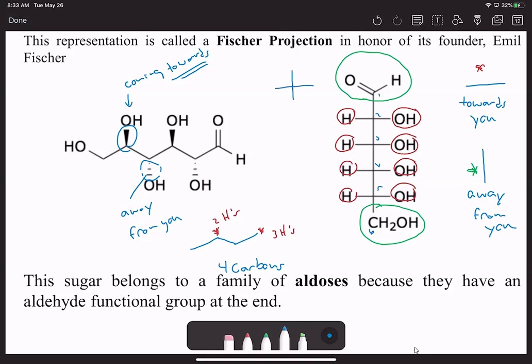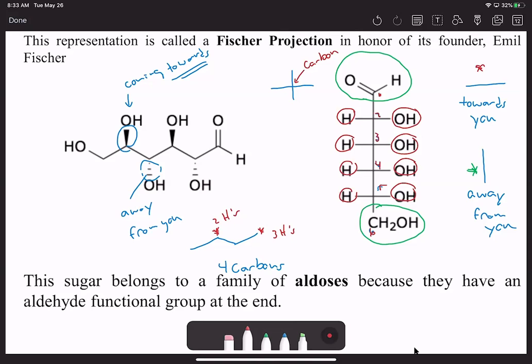Anytime that we have this crosshair, this intersection means that there's a carbon located at each one of those intersections, right? So here we see carbon number 1, 2, 3, 4, 5, and then this one's clearly labeled out as carbon number 6. So that's how we're going to identify how many carbons we have in these sugars.